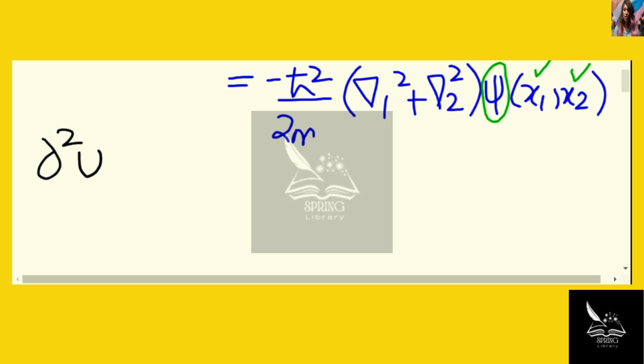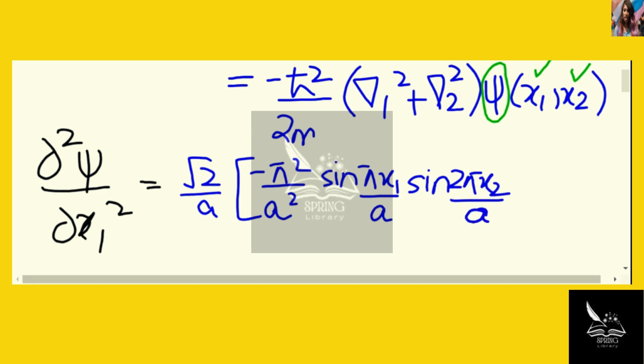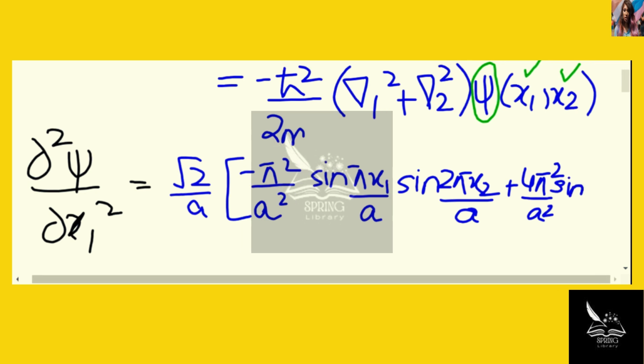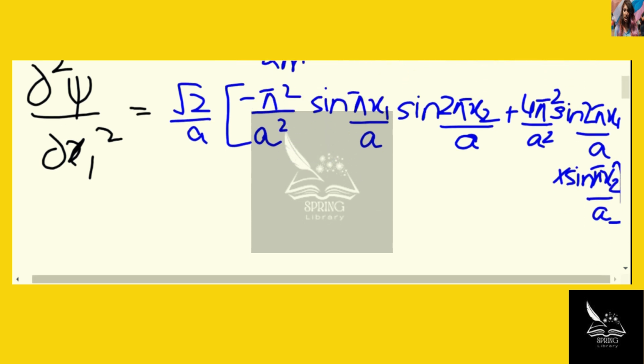We have the second partial derivative of the wave function with respect to x1, which is equal to root 2 divided by a, square bracket, negative pi squared divided by a squared times sine pi x1 divided by a sine 2 pi x2 divided by a, plus 4 pi squared divided by a squared times sine 2 pi x1 divided by a multiplied with sine pi x2 divided by a, square bracket closes. This is the equation for the twice partial derivative of the wave function with respect to x1.